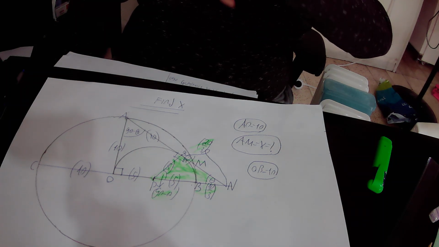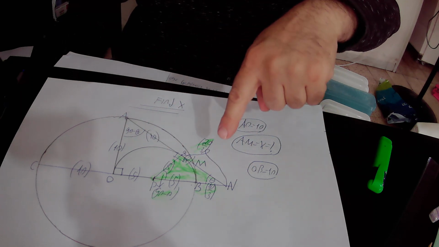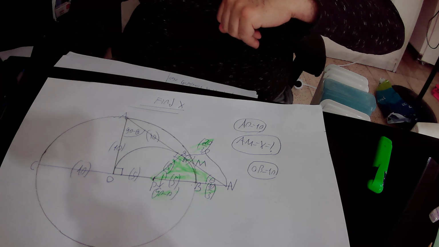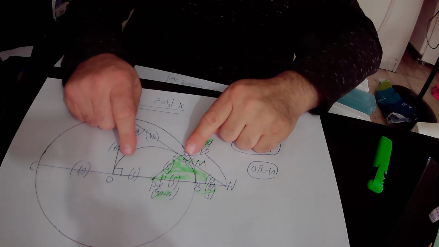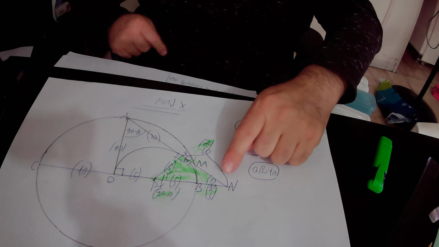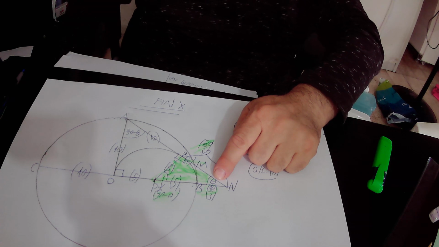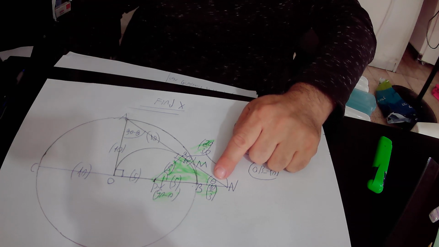Then we prove that the big right triangle AON is similar to the green triangle PQN. Why are those two right triangles similar to each other? First of all, those two angles are both equal to 90 degrees, therefore they are equal to each other. In addition, this is angle theta, a common angle that belongs to both triangles, so we can write down that angle theta equals itself.